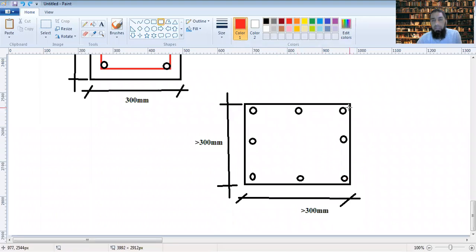we may provide a single outer ring like this, and then we could go for a cross tie here. Its hook would be like this, and the overall hook would be here.